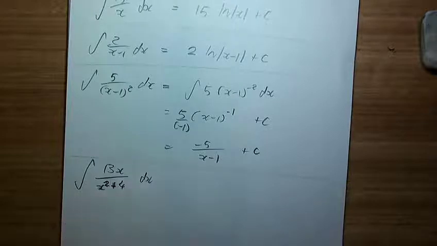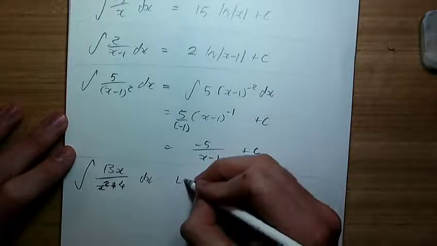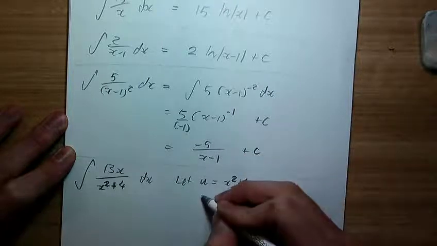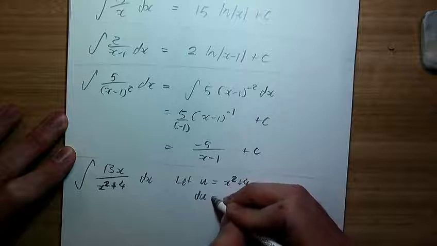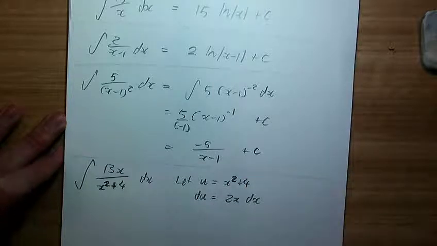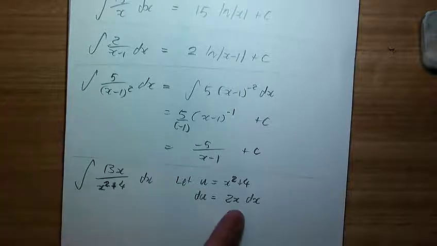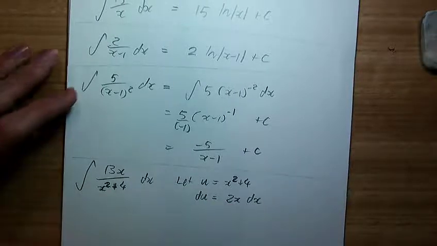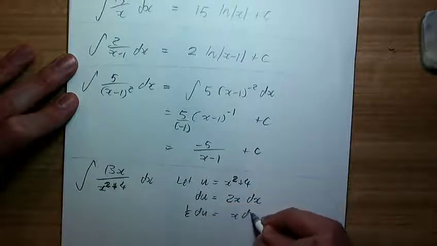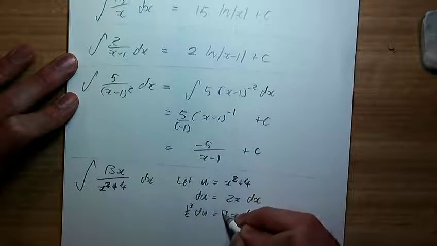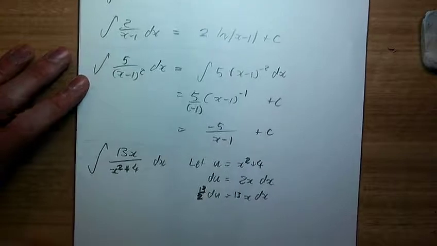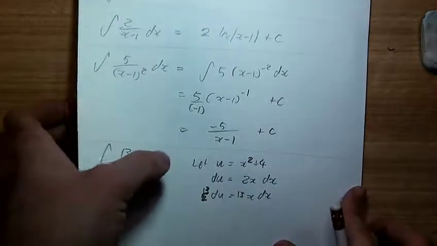And so if I do a substitution, then du on dx will be 2x and then times by the dx to get that. And that's pretty close. I just need a 13 instead of a 2. So I'll divide both sides by 2 and times them by 13. And so that's now going to allow me to do my integral.